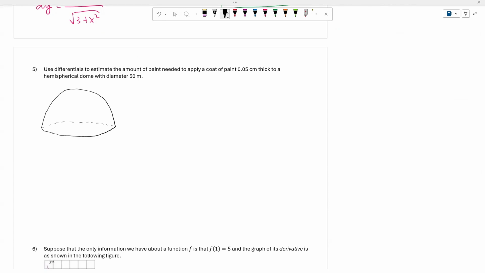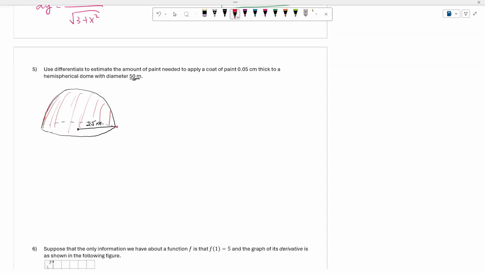The diameter is 50, so I need to use the radius, which will be 25 meters. And then we would like to apply a coating all over the dome.